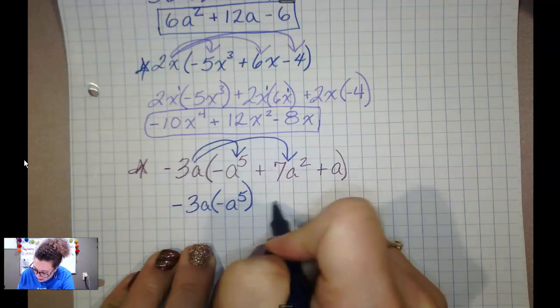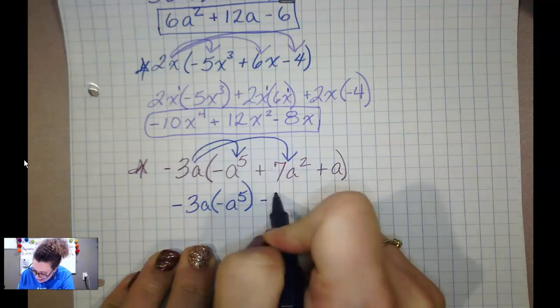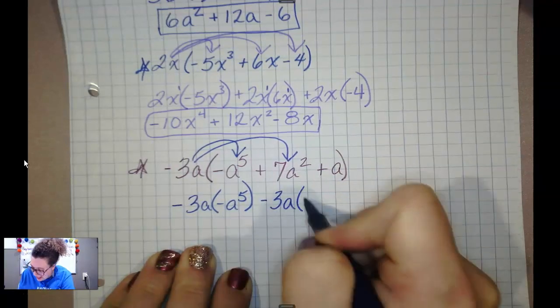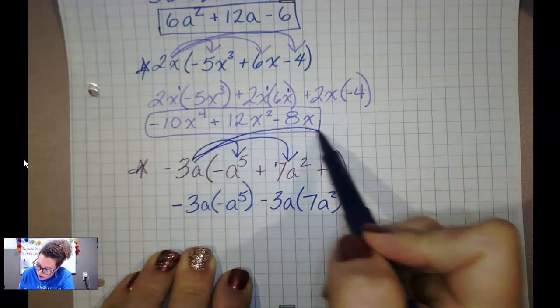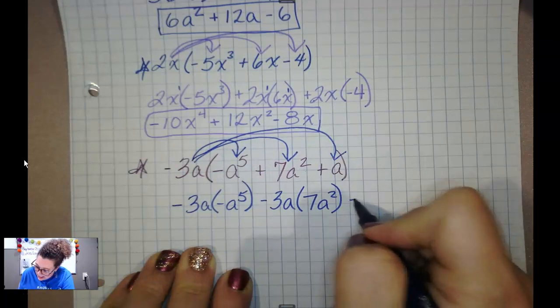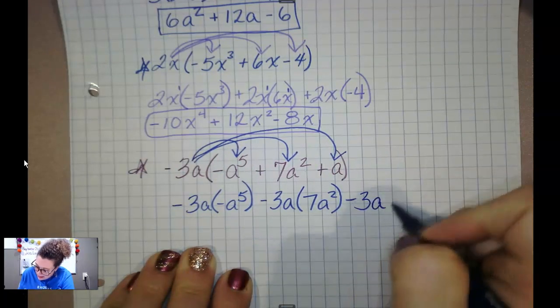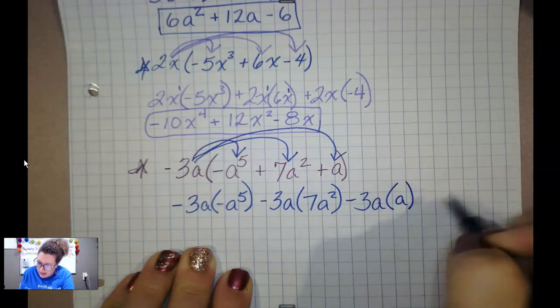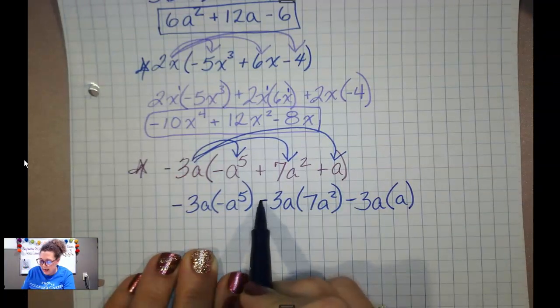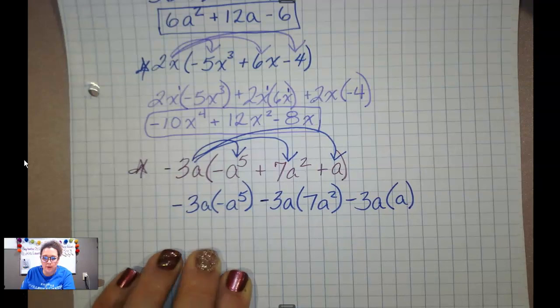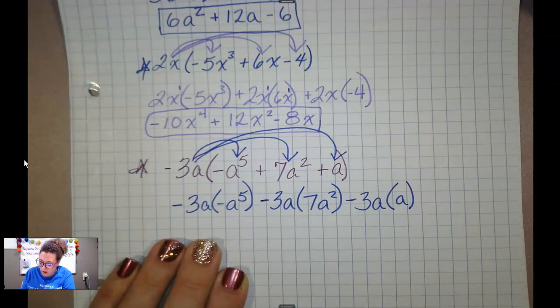So it is going to become negative 3a times 7a squared. And then all the way here at the end, negative 3a times a. Don't forget to distribute the negative too. That negative stays with it throughout the entire thing, okay?